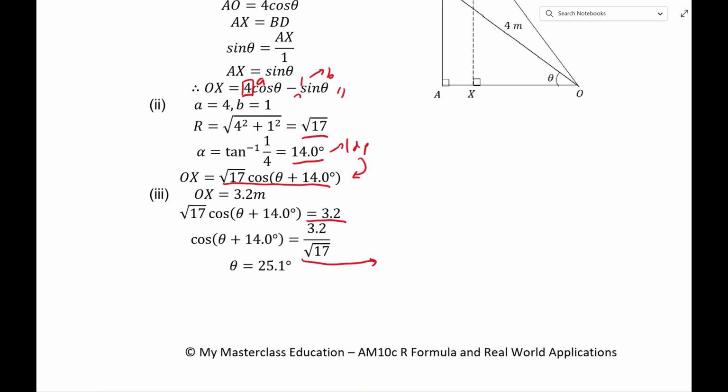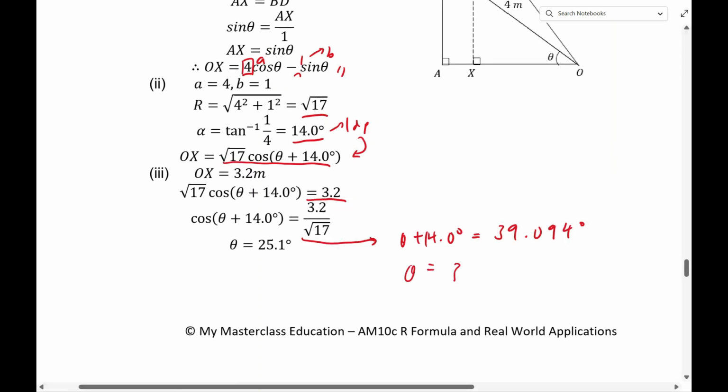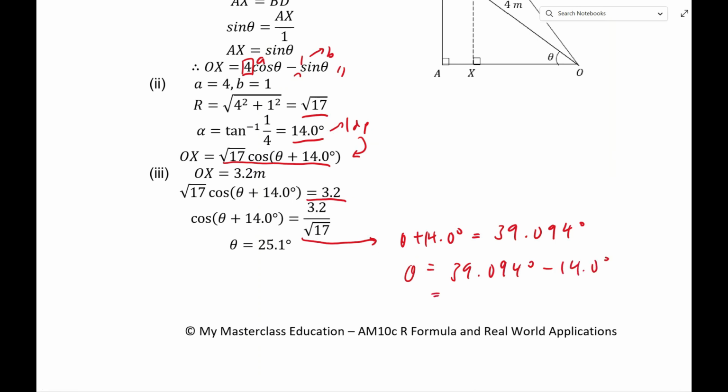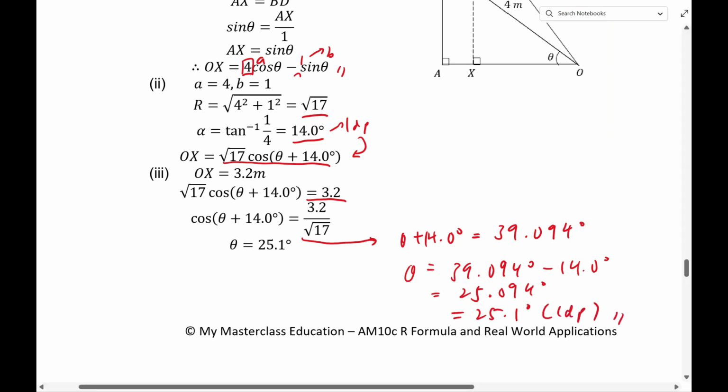And then adding one more step here, theta plus 14 degrees will be equal to cosine inverse of 3.2 over root 17, which is equal to 39.094 degrees. Then finding theta, 39.094 degrees minus 14 degrees equals 25.094 degrees. Rounding up, 25.1 degrees to 1 decimal place. That's how we get our part 3 answer.